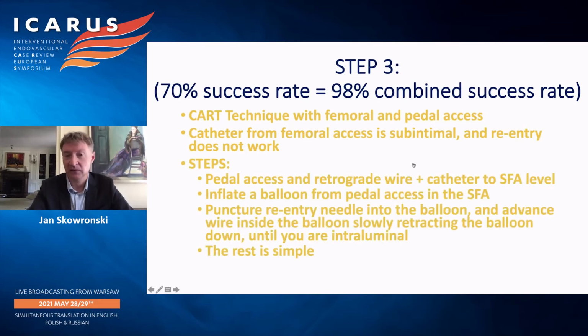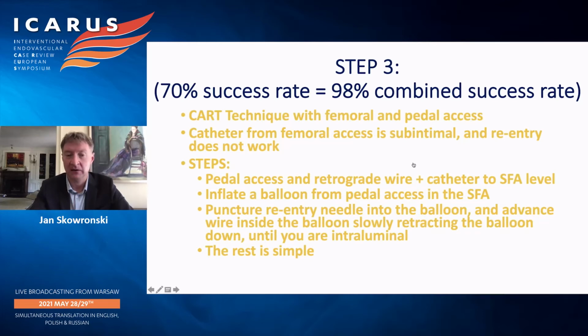You get access into the pedal artery, and it could be AT or PT or even peroneal, and you push the wire in a retrograde fashion, and you dissect retrograde into the SFA level. And then you inflate a balloon from pedal access into the subintimal space in the SFA, and then you use reentry again.